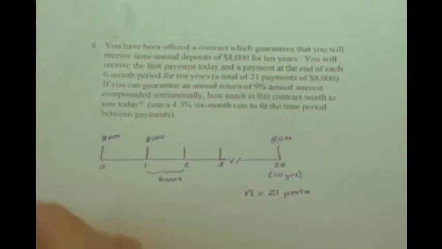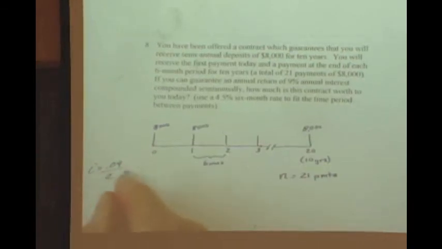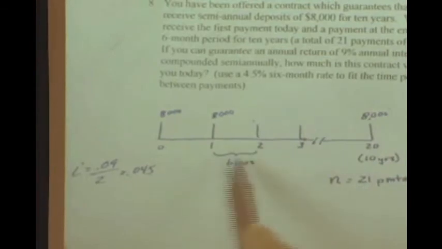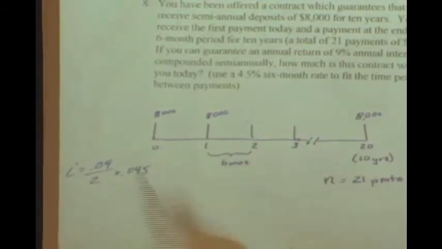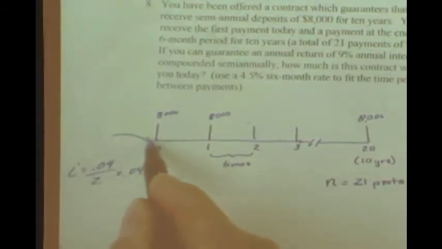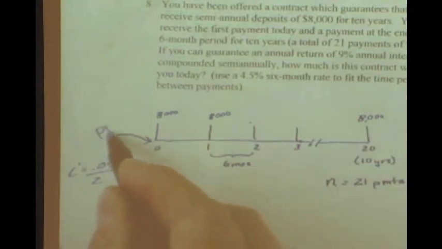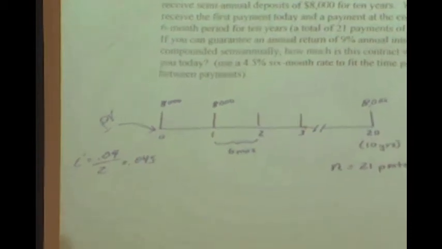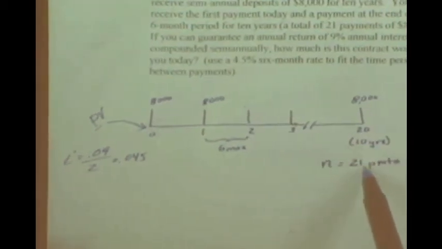The interest rate is 0.045. It fits the 6-month period between payments. What we want to do is find what this stream of payments is worth today. There's 21 payments.